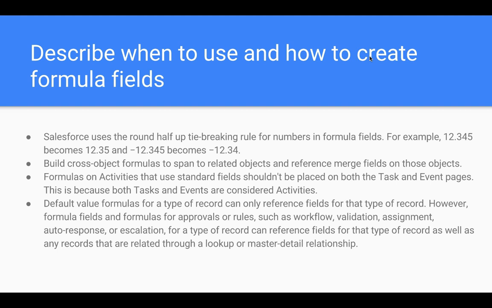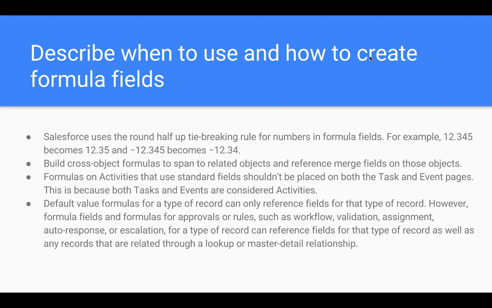So default value formulas for a type of record can only reference fields for that type of record. Okay, that's the default setting. However, you can use formula fields and formulas for things such as workflows, validations, assignments, escalations, for those kinds of things, so that you can look up things.